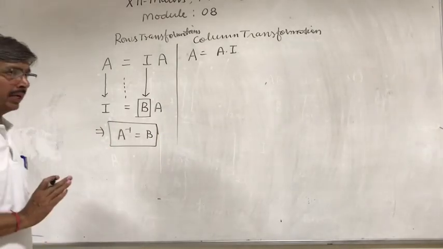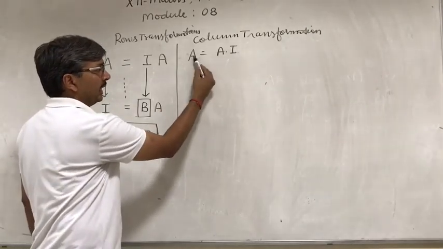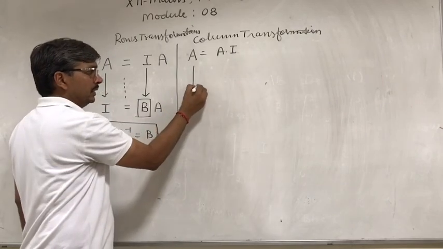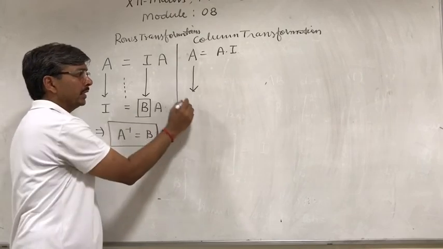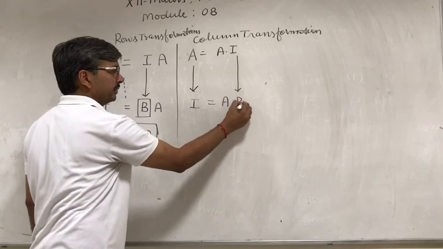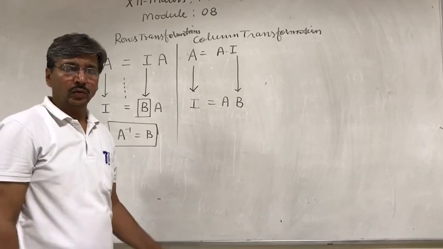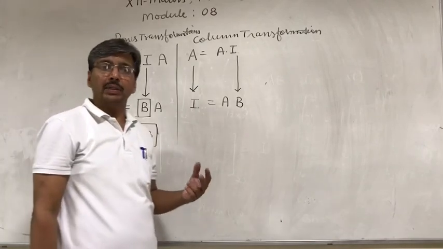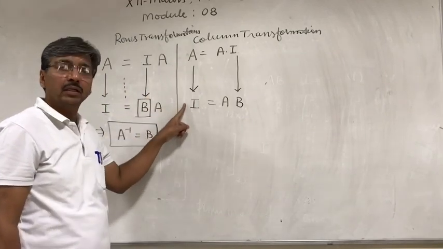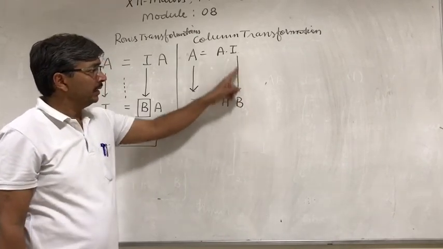If we want to apply column transformations, then we will start our question like this: A equal to AI, also equal to A, and we will change this matrix into I and this I matrix into B. We will apply a sequence of column transformations so that we will have A equal to I, and the same transformations will be applied in the right hand side matrix.